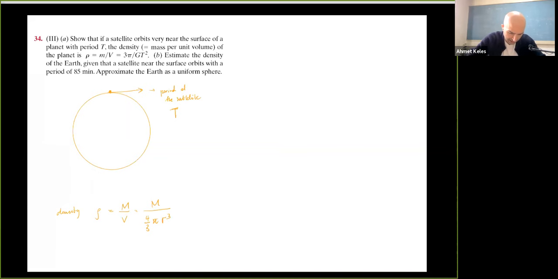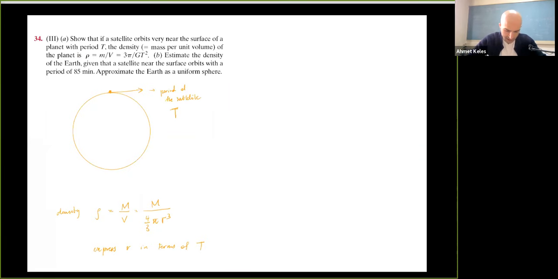So here, when I look at this, M is M, so there is not much I can do. But I look at R and I say, okay, I don't know R, right? I want to express this R in terms of what is given. And what is given is the period of the satellite. So express R in terms of T.